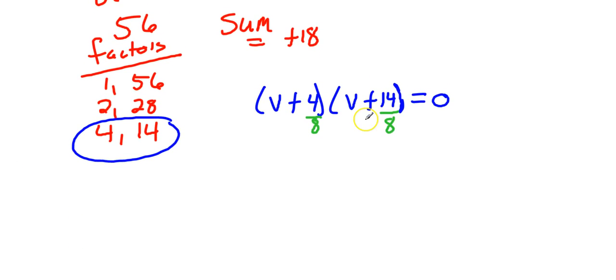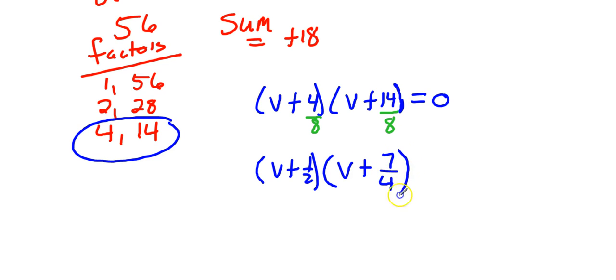Okay, and now we do have some simplifying you can do, because 4 over 8, that's a half. 14 over 8, divide them both by 2, that would make it 7 over 4. Simplify the fractions as much as you can.